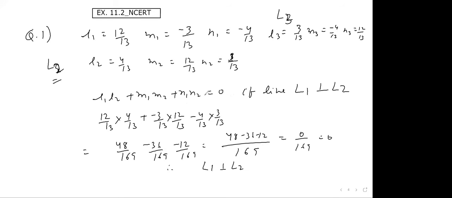We have just taken one pair of sets. The rest of the work you have to do at home. You can take another pair. 3 pairs will be there. For line 1 and line 2, we have done. Now you have to do for line 2 and line 3 and line 1 and line 3. These 3 pairs.